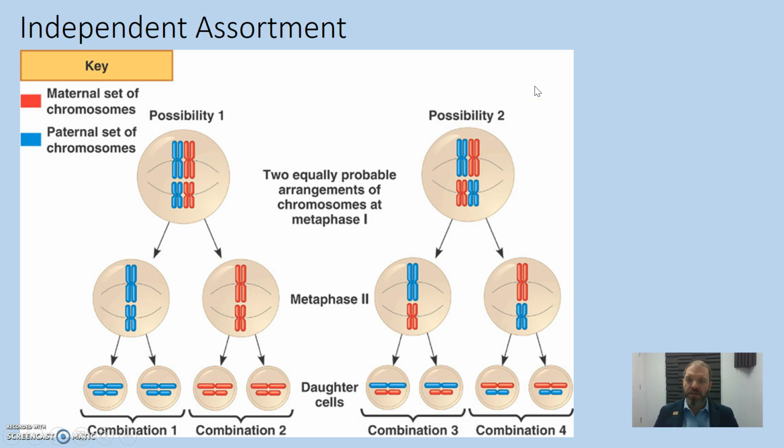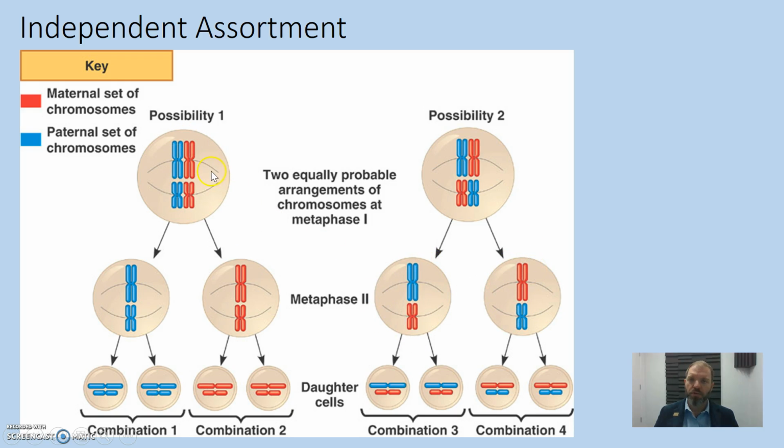Independent assortment is one I referred to when we're looking at which side the white and black chromosomes go. Here we're just using blue and red. But you can see on this side the paternal in blue and the maternal align all on the same side for this particular cell. And then when that divides, this cell gets all the blue, this cell gets all the red. It could equally occur that we have a mix of red and blue, and therefore you end up with a mix of red and blue in the daughter cells.